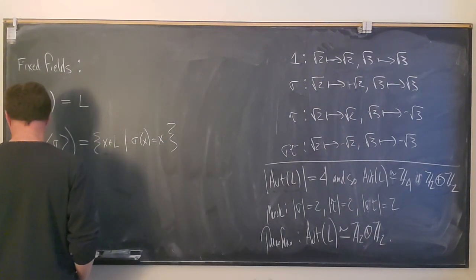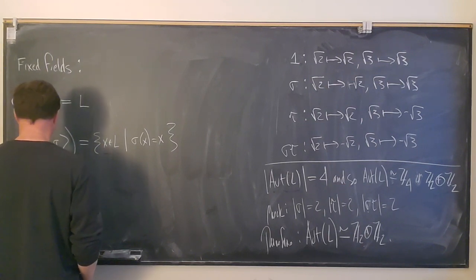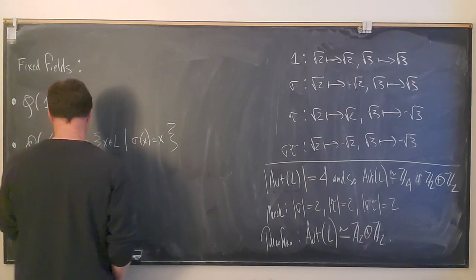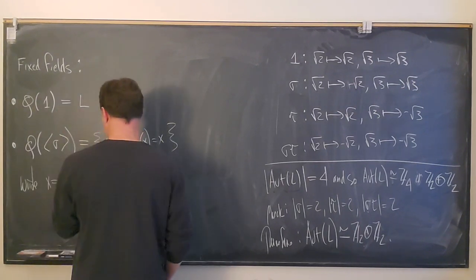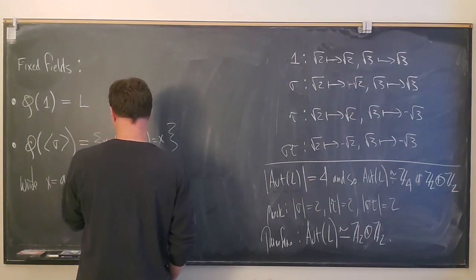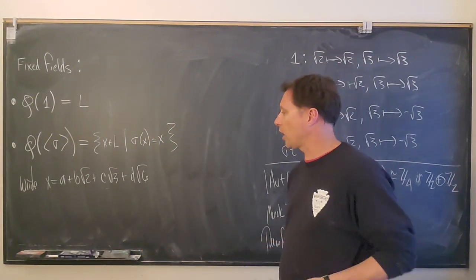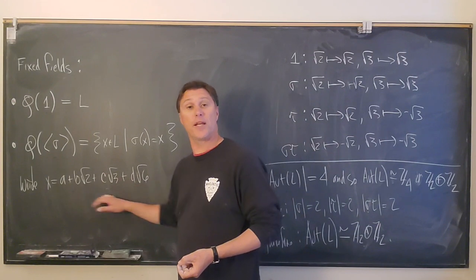Okay, so how would we do that? Well, let's write x equal to something like a plus b square root of 2 plus c square root of 3 plus d square root of 6. I'm writing a generic element. We can express it as a linear combination of our basis.